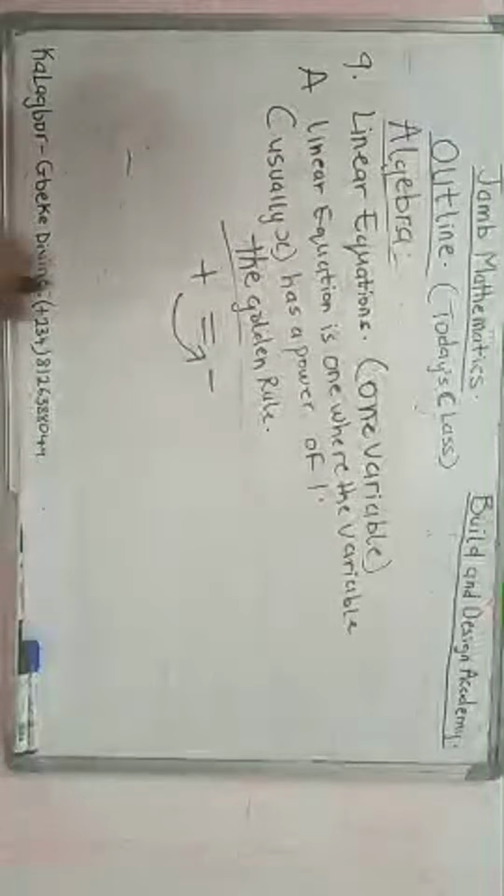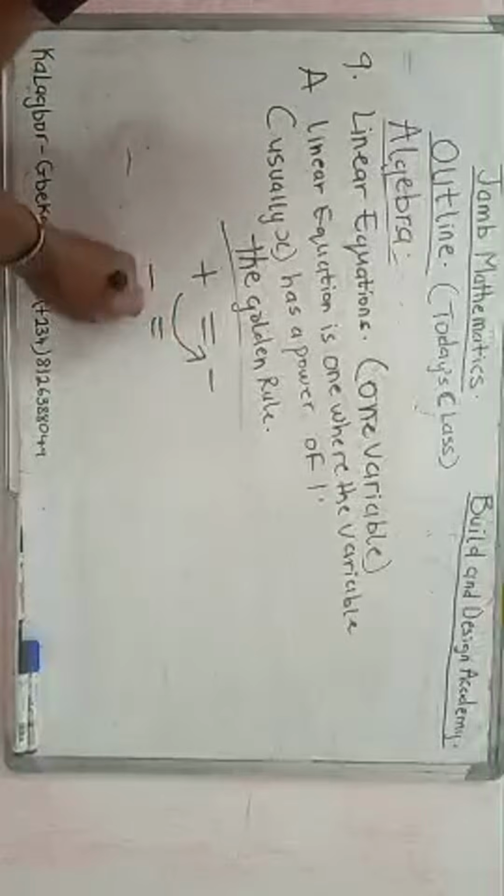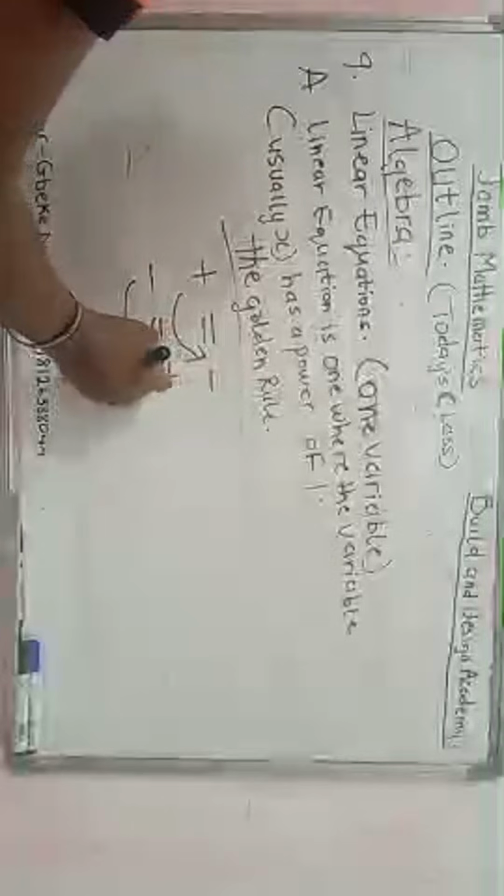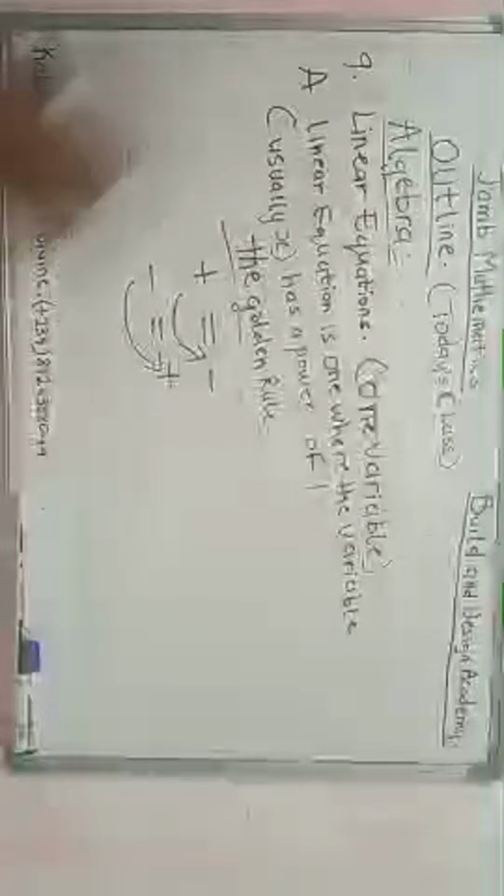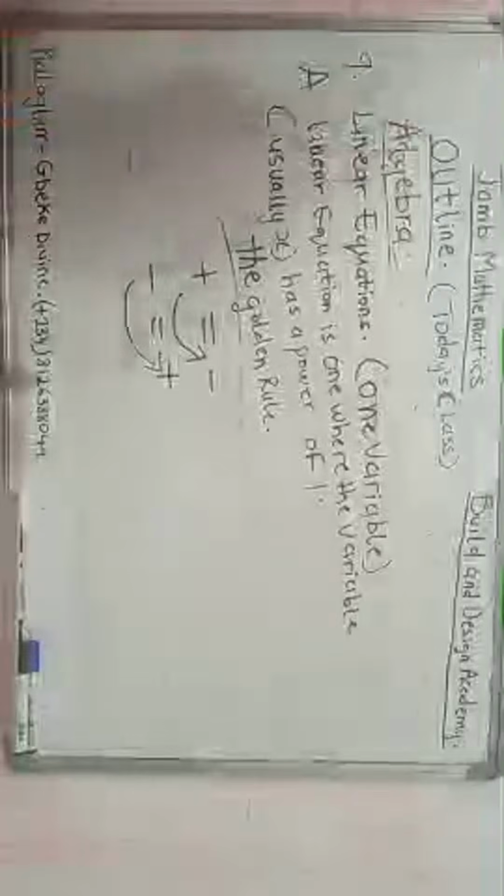Similarly, if we have subtraction, if you take it to the other side, it becomes addition. These are the golden rules. Please take note. We'll use them while solving. Very simple. So let's go.